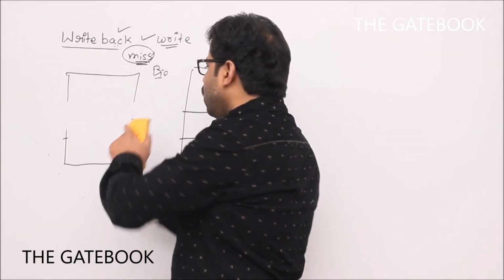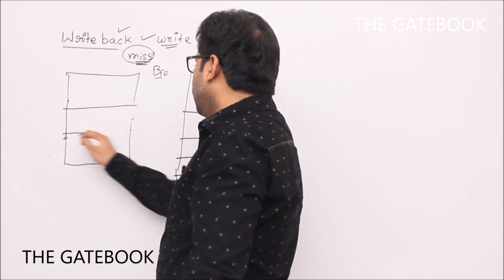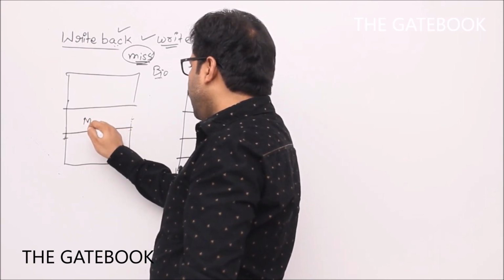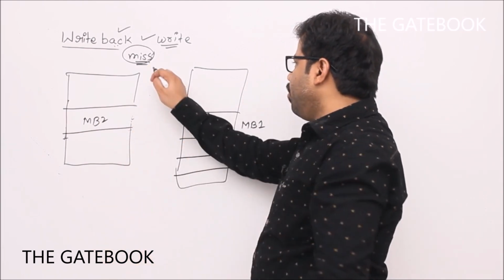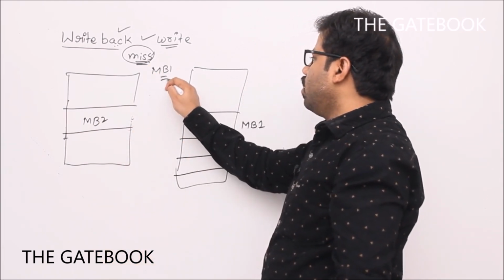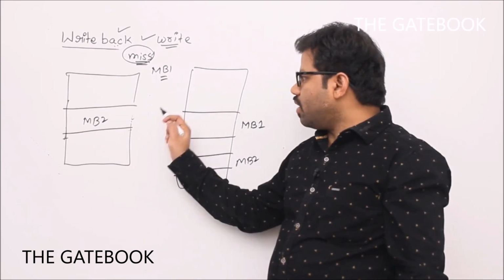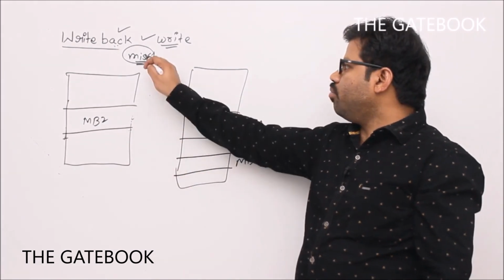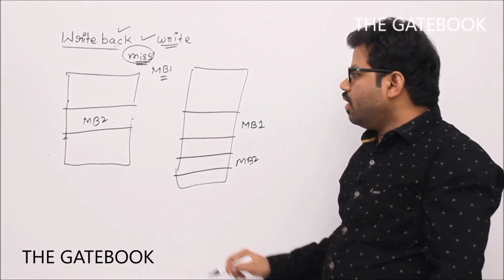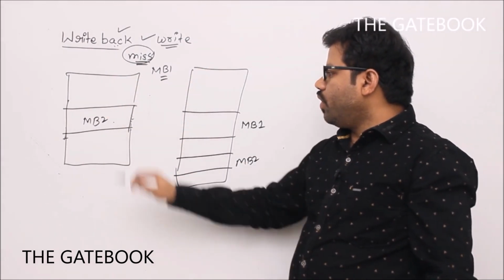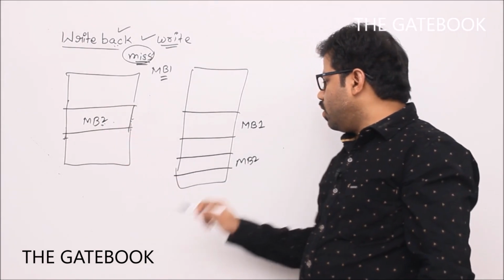Currently, this cache contains main memory block 2, MB2. Now you want to refer to main memory block 1 because you want to update some word in that. Then a miss occurs because main memory block 1 is not available. Then what we do, we replace main memory block 2 with main memory block 1.